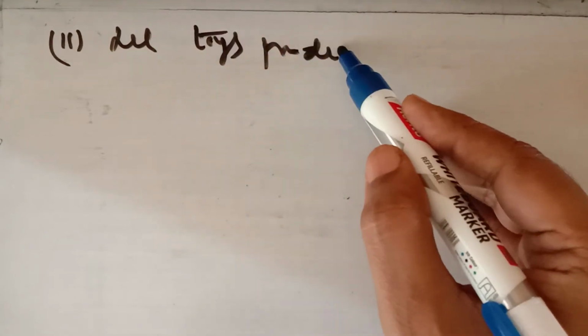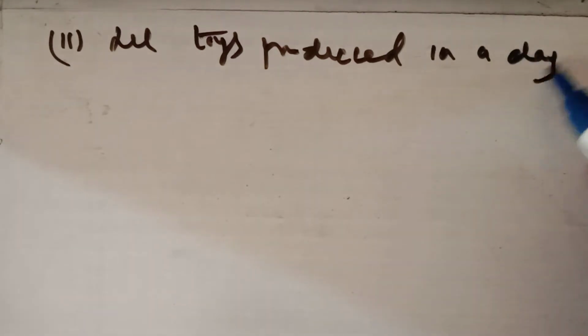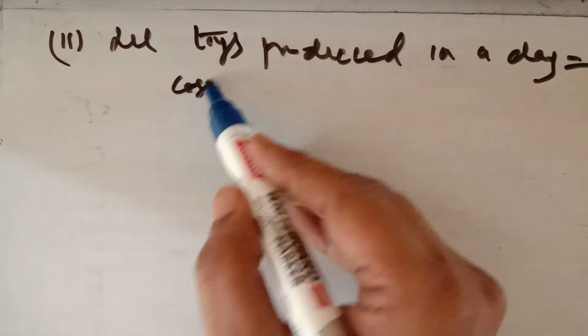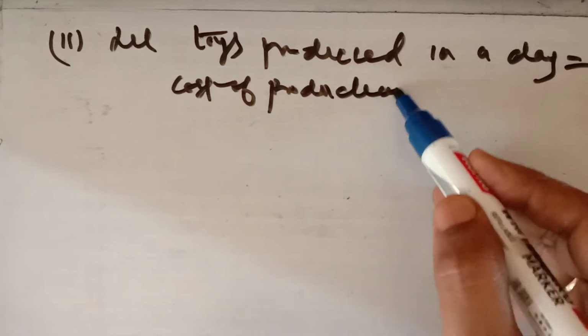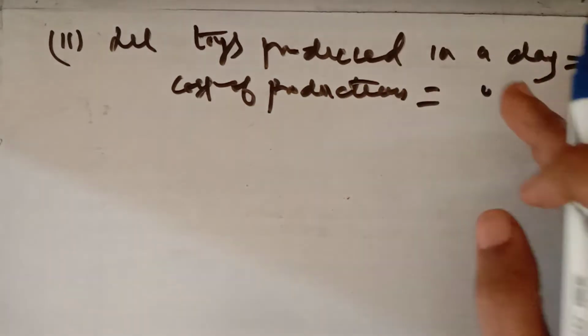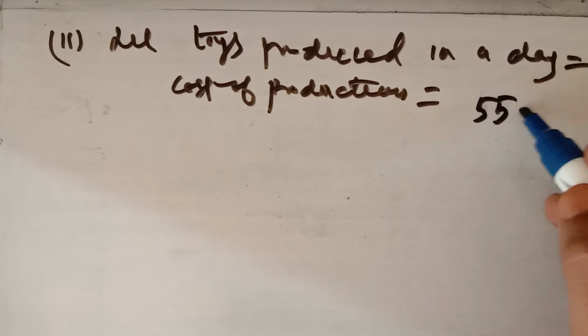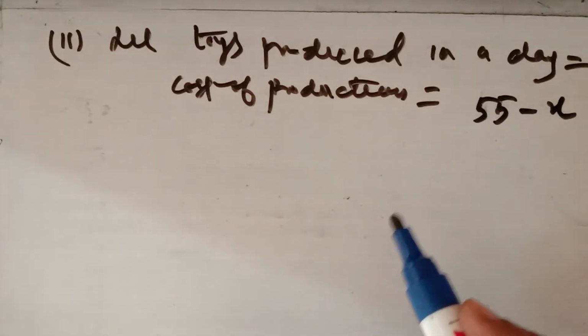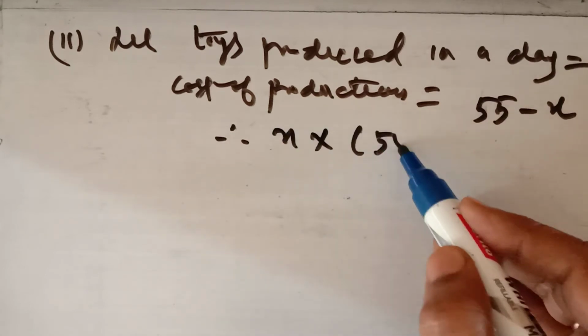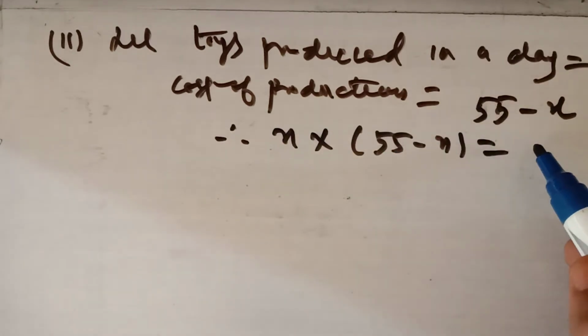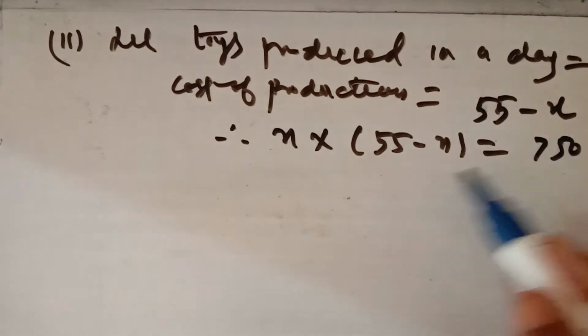The cost of production of each toy is given as 55 minus x, and the total production cost, obtained by multiplying these two, is given as 750.